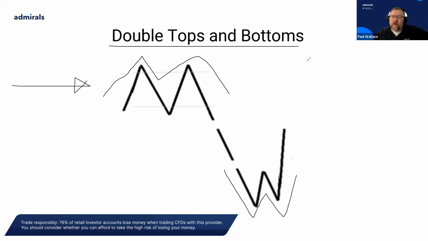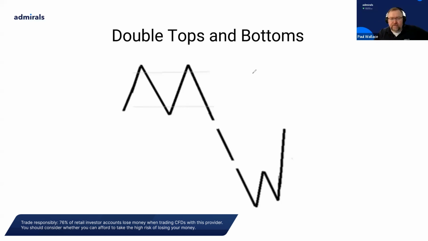As a general rule, if you're looking for the best double tops, it should be a very clear double top, and realistically the second high should be lower than the first high, because that in itself should give you an indication that price is no longer able to go higher and is looking to roll over.